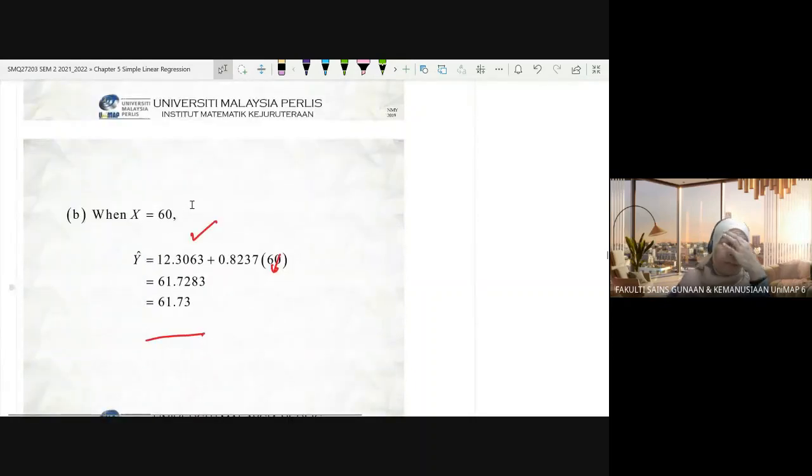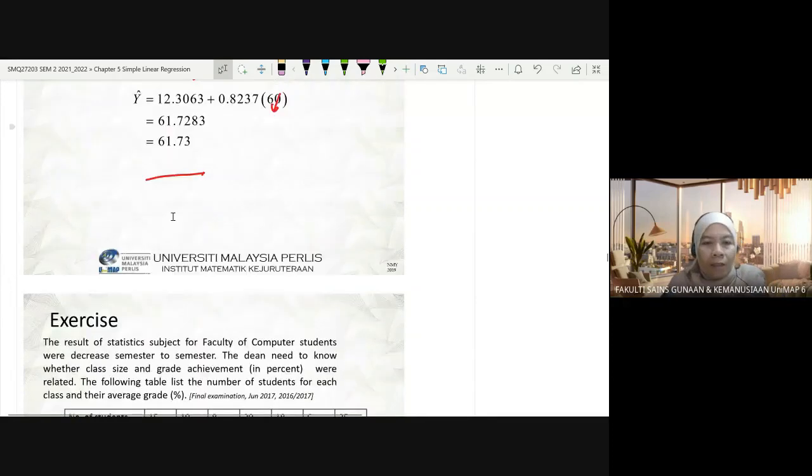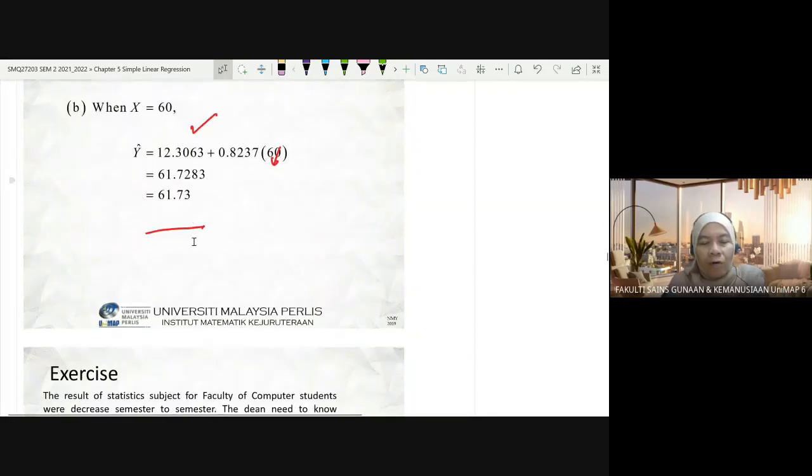By using the Math 1 score, which is 60, we can find the Math 2 score that is equal to 61.73 or 62%. So that is your prediction value for Math 2, using the X value of 60.